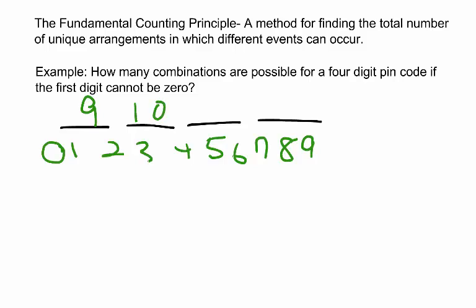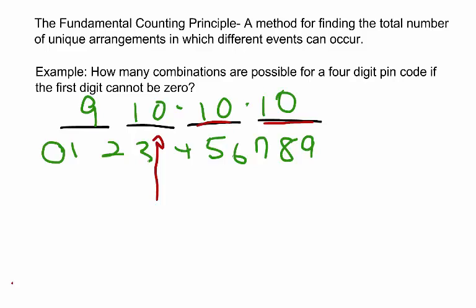And there would be 10. For the third spot, there's also 10. And for the fourth spot, 10. Because for each digit in placeholders 2, 3, and 4, there are no restrictions on the digits.